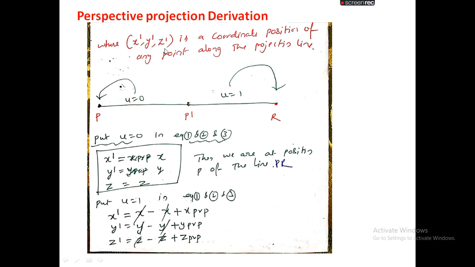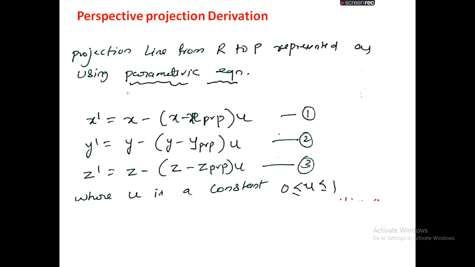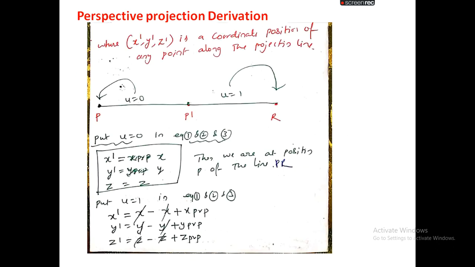Then you substitute u value equal to 0 in equations 1, 2, 3. If you substitute u equal to 0 in these three equations, then you will get new equations: x dash equal to x, y dash equal to y, z dash equal to z.